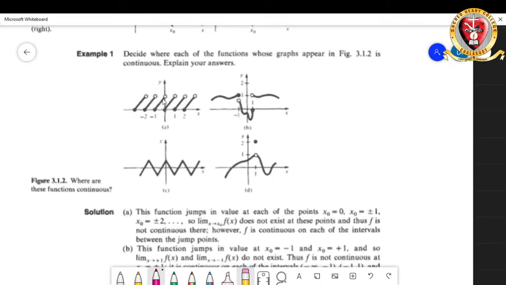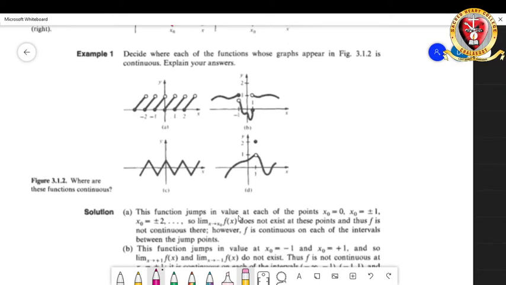It is continuous till here, and then at 0 it is jumping to this point, and so on. So the jumping is happening at each of the integer values, that is, etc., -3, -2, -1, 0, 1, 2, 3, etc. The function is clearly defined on the whole real line.